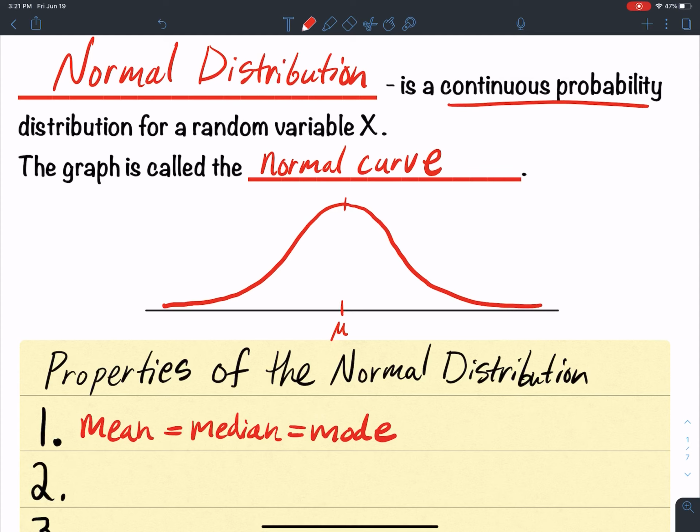Now, if we go out one standard deviation each direction, so that's mu plus a standard deviation this way and mu minus a standard deviation this way, these points right here are called the inflection points.